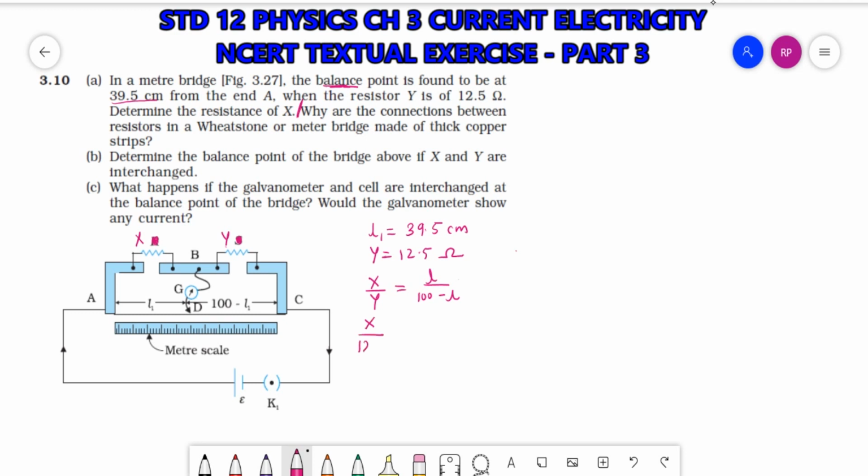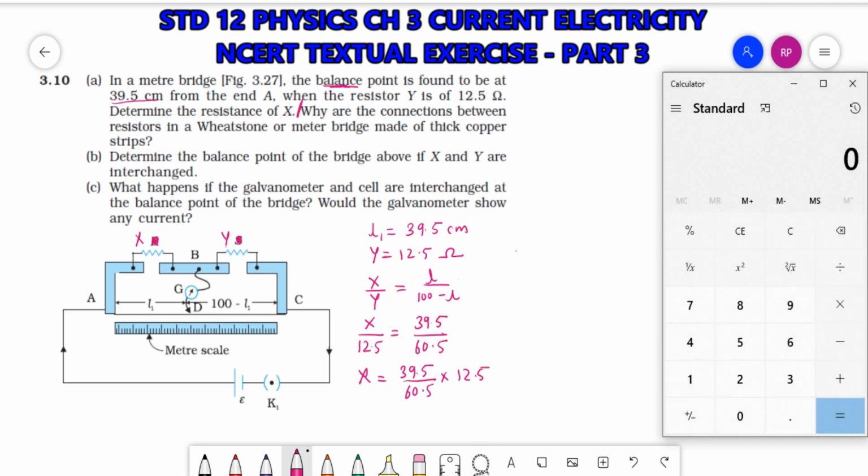Value of Y is 12.5. L is 39.5. 100 minus L means 100 minus 39.5, it will be 60.5. X is equal to 39.5 upon 60.5 into 12.5. Okay, so let's calculate it.